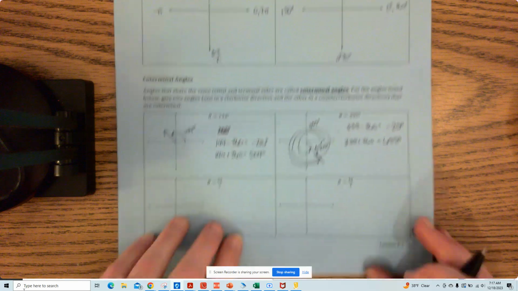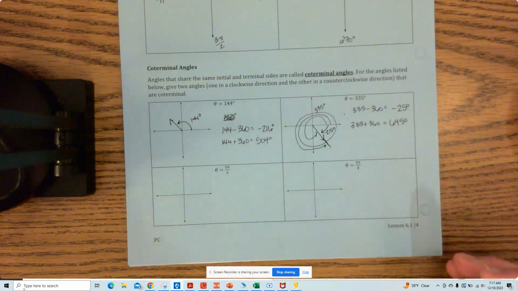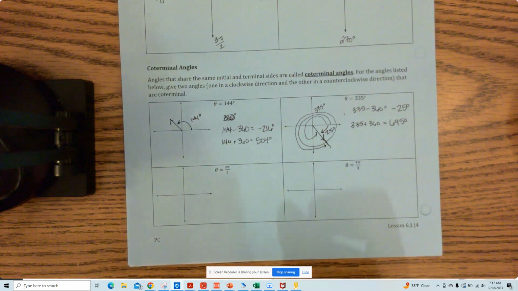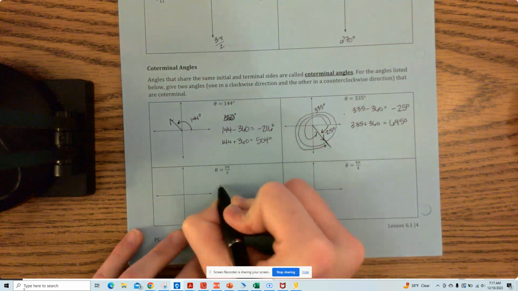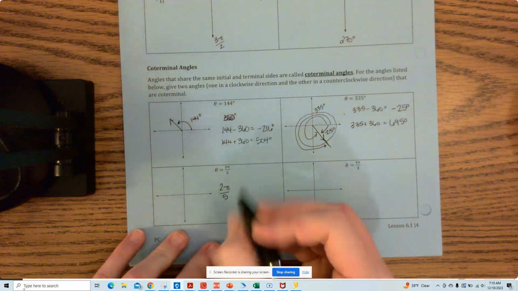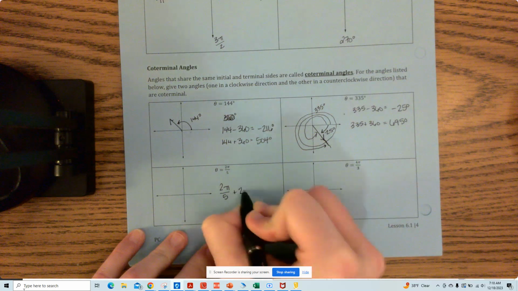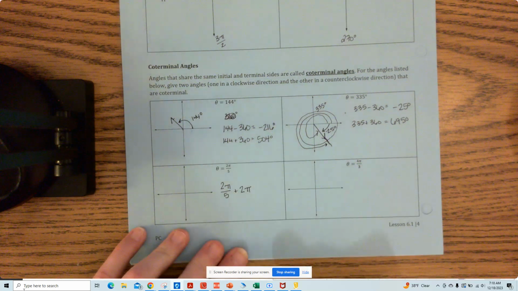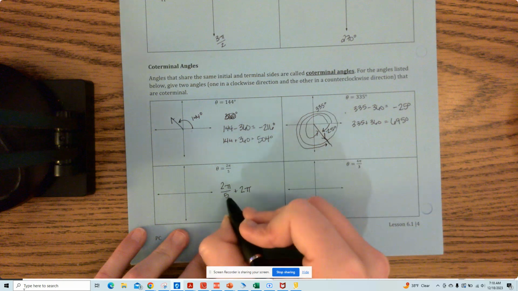Okay, so doing this in radians, again, I always convert. But what you would be doing in this one, 2 pi over 5, we would be adding 2 pi. So to add 2 pi to this, it needs a common denominator.